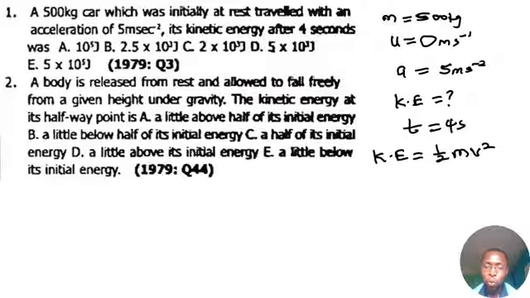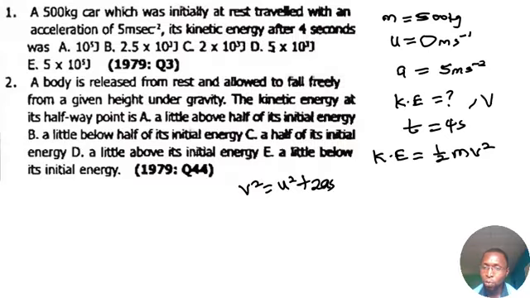Now you have to remember your equations of motion. One of the equations of motion says that v squared equals u squared plus 2as. Now, we don't have distance, s is distance. We have a given, u is given, and we need v.